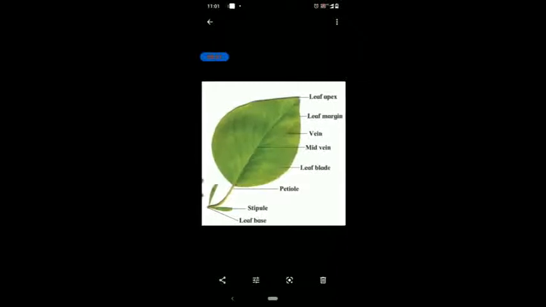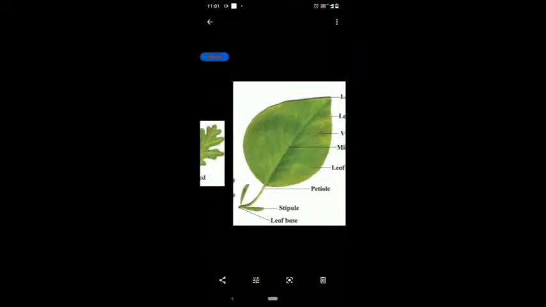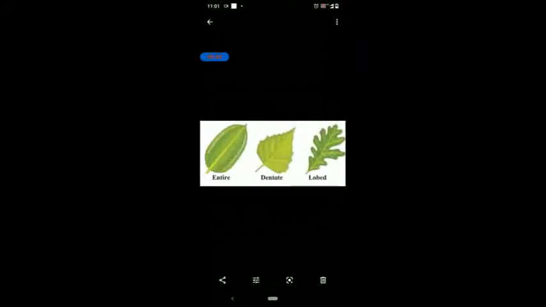Now we will see what types of leaves there are: entire, dentate and lobed. In the case of entire, you can see the margin is continuous, it's not broken anywhere, and it goes on tapering until it reaches the pointed tip.